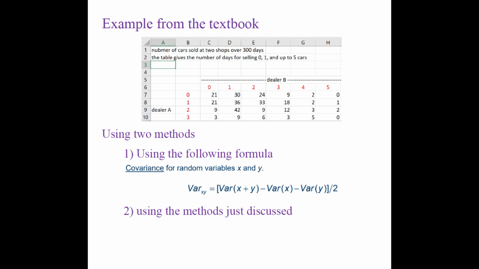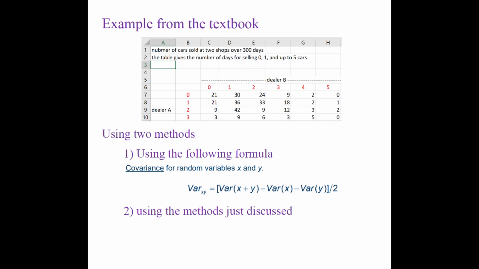Next, I'm going to discuss one example from the textbook. We have two dealers, two shops, over 300 days. For dealer A, on the left-hand side, they sell 0 cars, 1 car, 2 cars, 3 cars within 1 day.